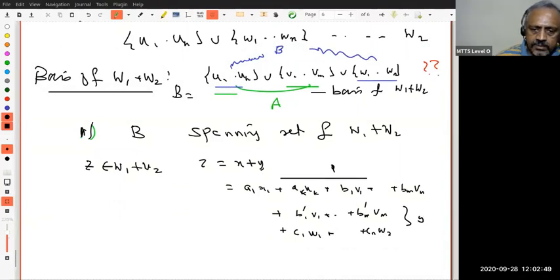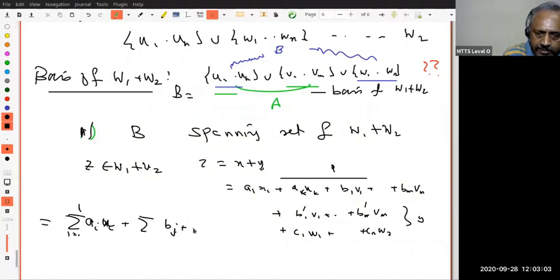Now, this you can rewrite easily. Let me sum it up: summation ai ui, i equal to 1 to k, plus summation (bj plus bj') vj, j equal to 1 to m, plus summation ct wt, t equal to 1 to n.